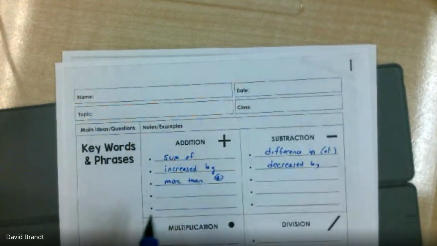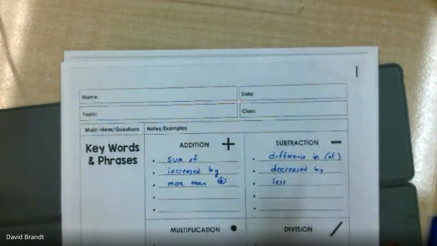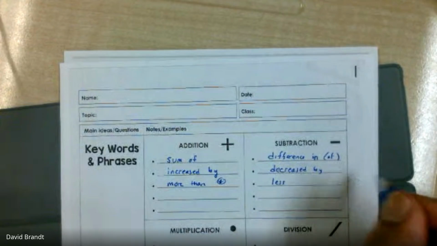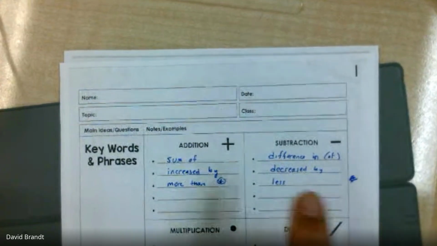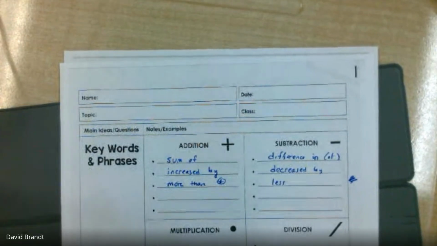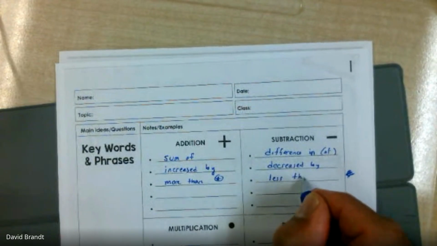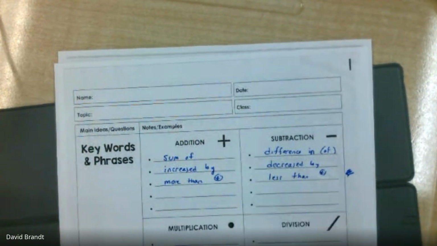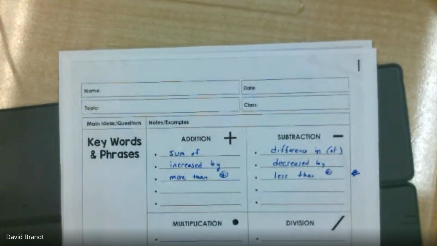Now, another one, very similar to more than, is less than. I know you often think of less than associated with a symbol like this, but sometimes you have to read the context. Sometimes it might be confusing as to which one, but very often less than is referring to subtraction. And I'm going to put an asterisk because that's also a turnaround phrase. We're going to see some examples of that.